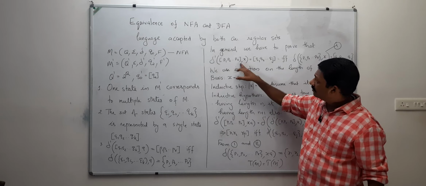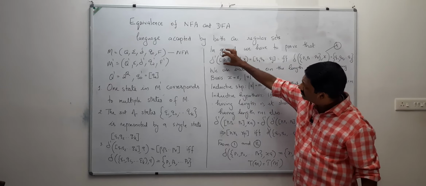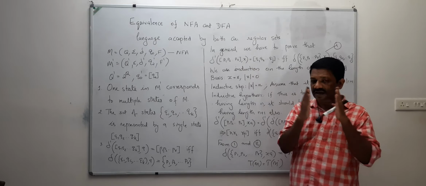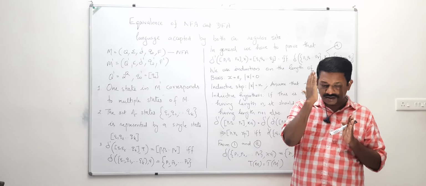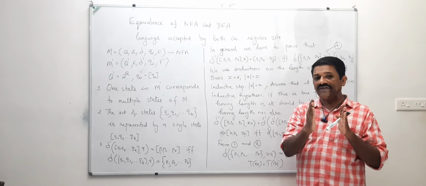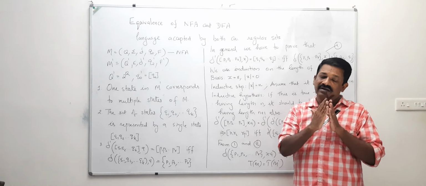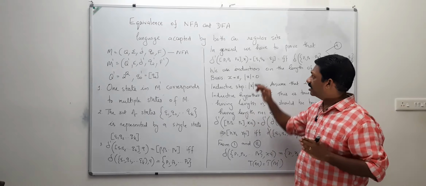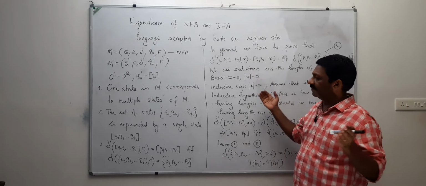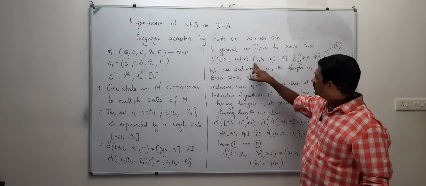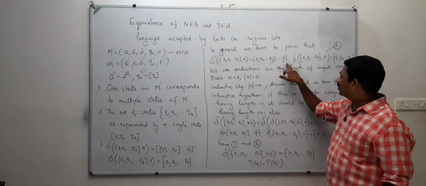P1, P2, etc. up to PR is a single state, and from that state on accepting X, X can be epsilon for the basis, then a string of length n, and a string of length n plus 1, etc.